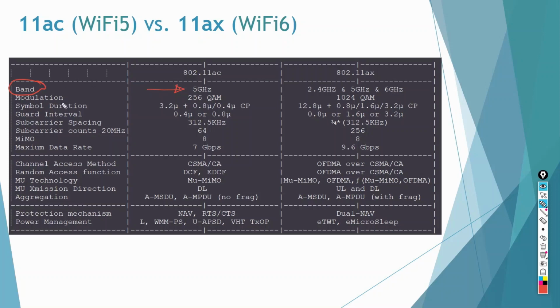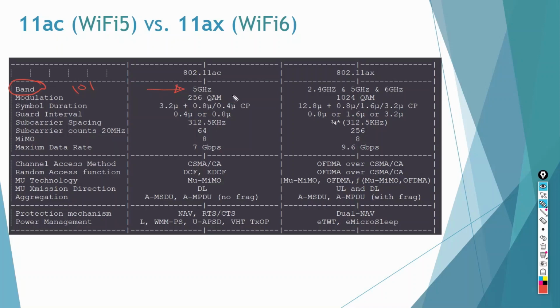In terms of modulation, the modulation used in 11AC is 256 QAM, whereas it is 1024 QAM in 11AX. And just let's get back to Wi-Fi 101. Modulation is a method of adjusting the signal to create a carrier signal and define the number of bits transmitted in each symbol.